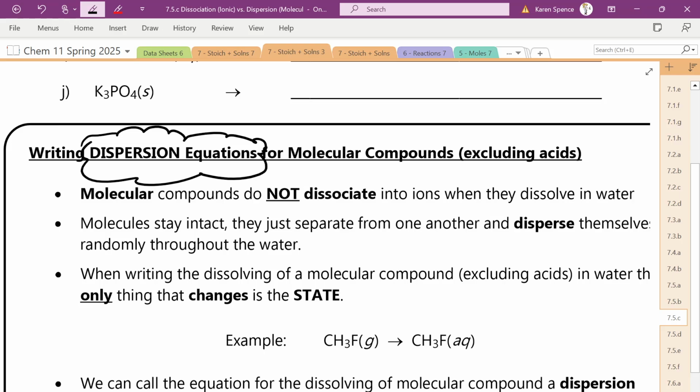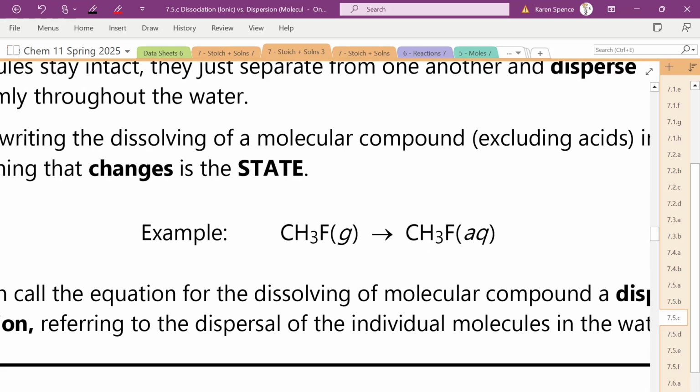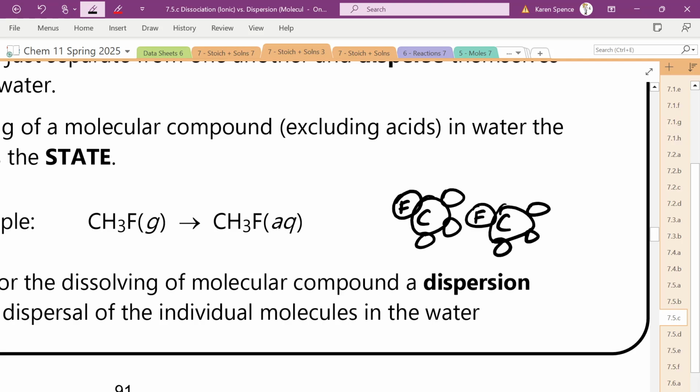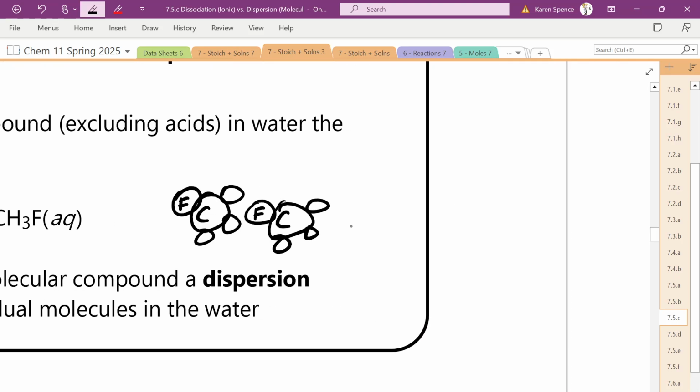Okay, so in dispersion, you start with some CH3F, which would look like this. CH3F, and it might be next door to another FCH3, and then they would just separate from one another.